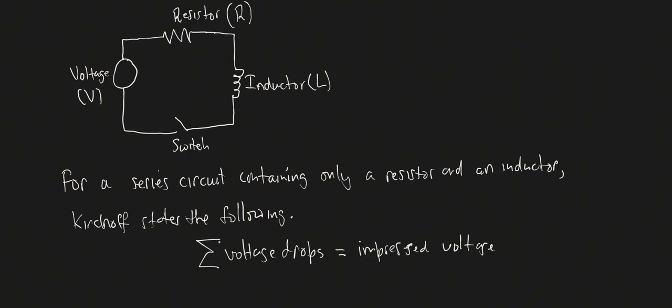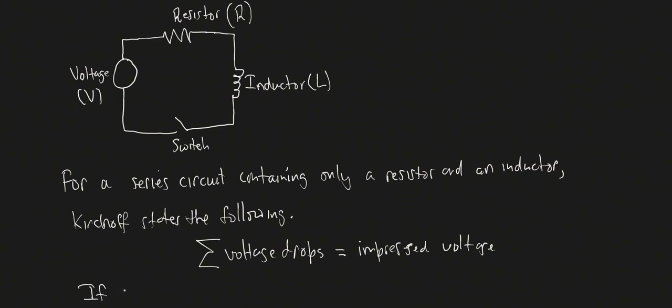All right. So what I'm going to state now, without any formal proof, is the voltage drop that occurs across a resistor and across the inductor. I'm also going to introduce the notation that we will use for the current.